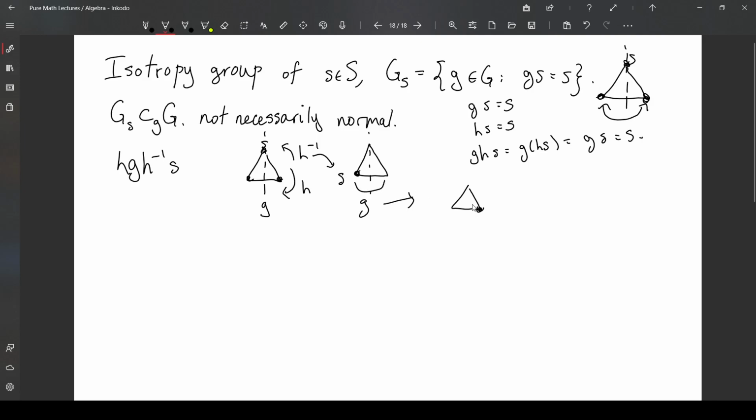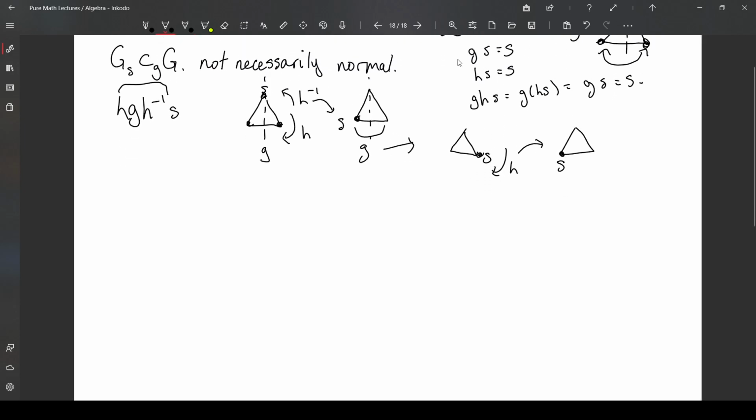So S is over here. And then remember H is a rotation like that, so S is going to end up being over here. So this does not fix S. So G sub S is not necessarily normal, even in this small example.